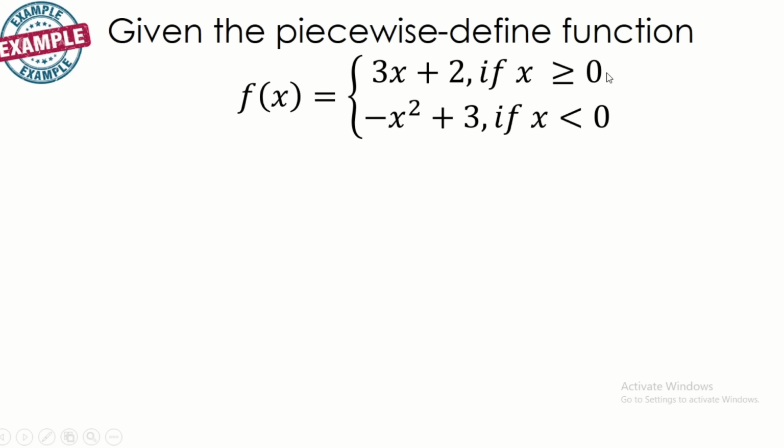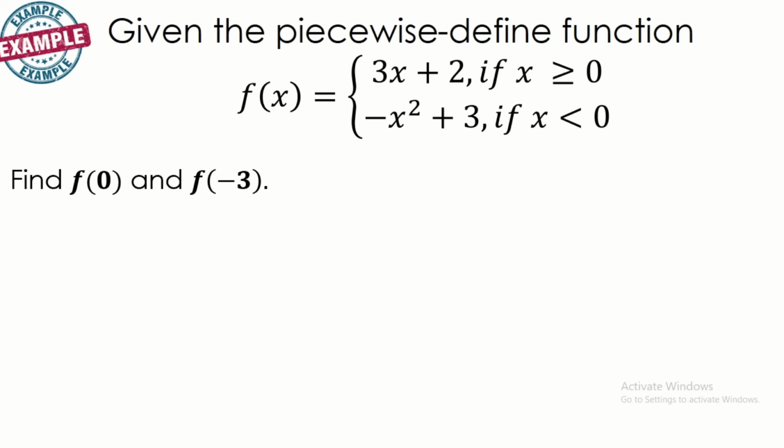So, kapag ang value natin ay positive 1, 2, 3, 4, and so on, start with 0, ito yung gagamitin. Pero kapag less than 0 or negative numbers yung given na value ng x, yung function na gagamitin natin ay f of x equals negative x squared plus 3.